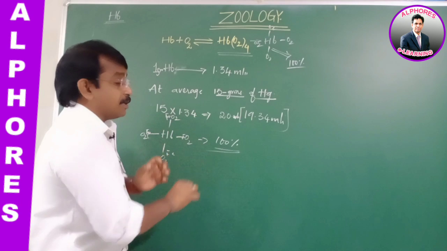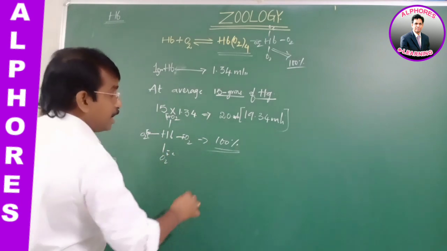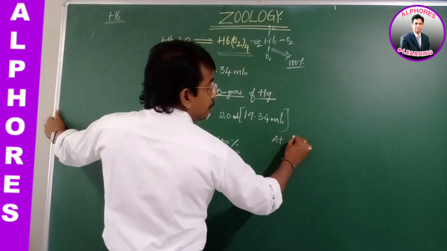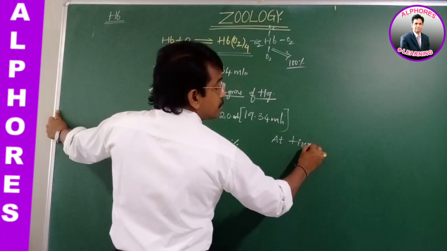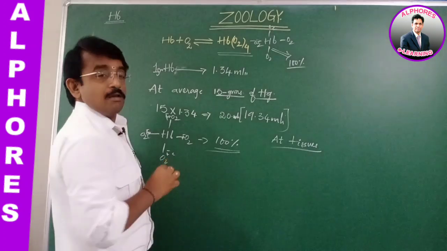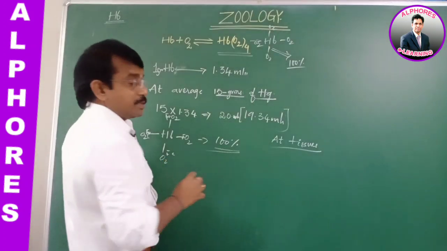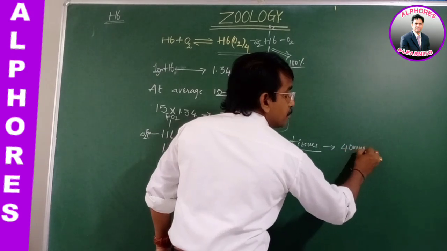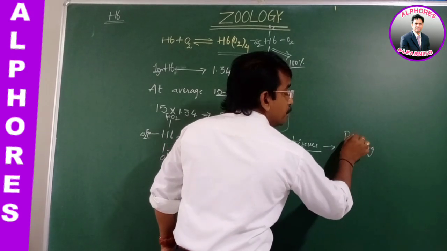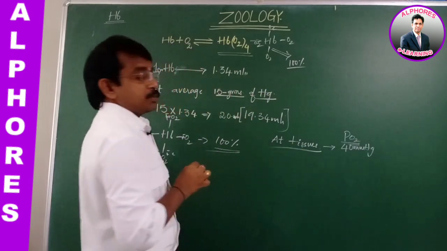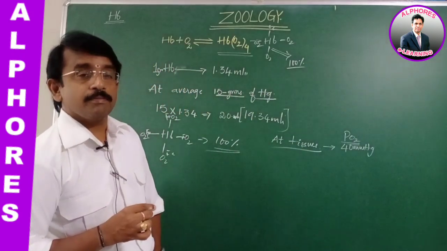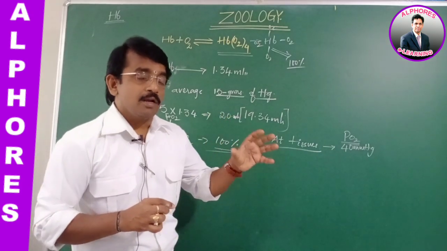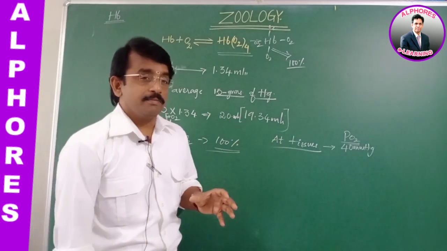After reaching the tissues, we discussed the partial pressure at tissues. In a normal condition at tissues, it is 40 mmHg. The partial pressure of oxygen at tissues is 40 mmHg, whereas in the oxygenated blood it is 95 mmHg.